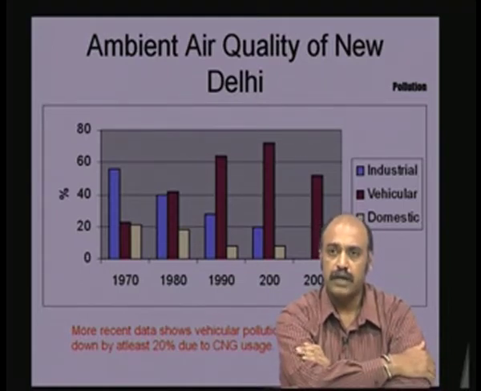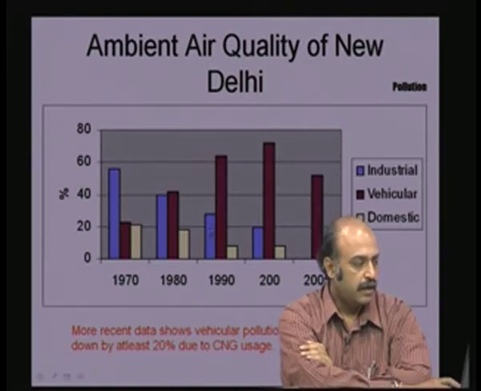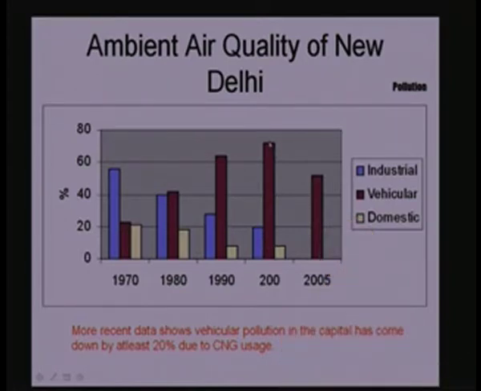The environment is a serious issue today. You see a lot of pollution. You will see that way back in the 1970s, the vehicular pollution was somewhere here, and today in the 2000s, the vehicular pollution has actually increased and is the main contributor to the air quality.